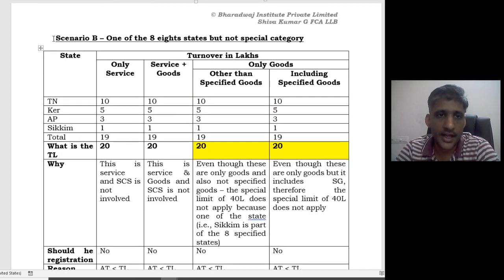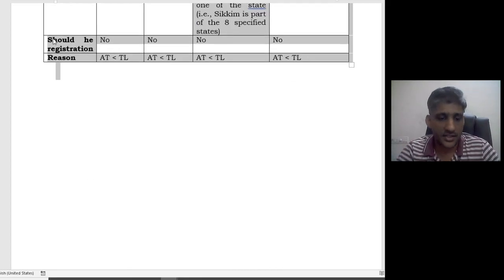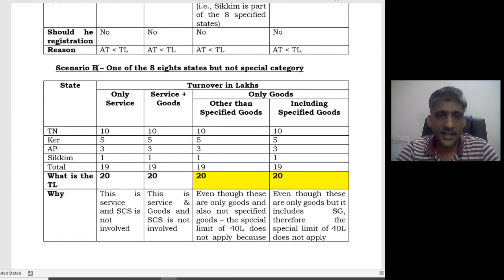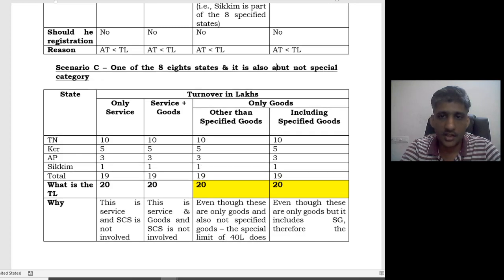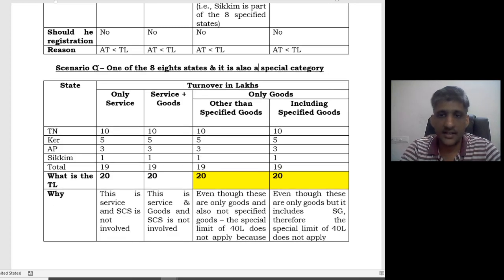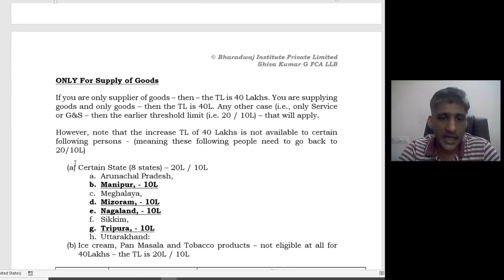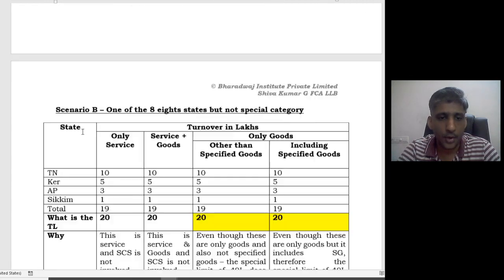Let's go to scenario C, where one of the states is a special category state. In scenario C, one of the 8 states, and it is also a special category state. So instead of Sikkim we can have, let's say, Manipur.